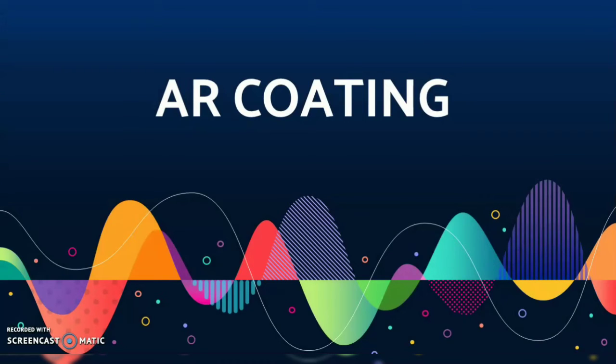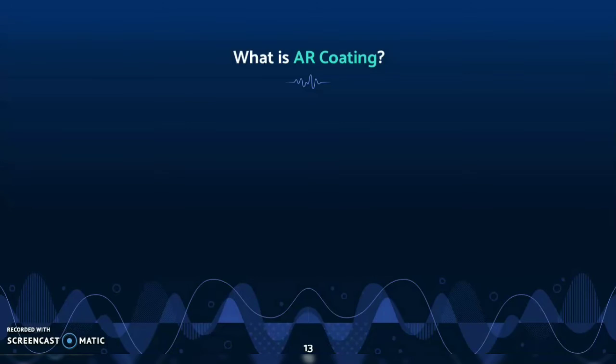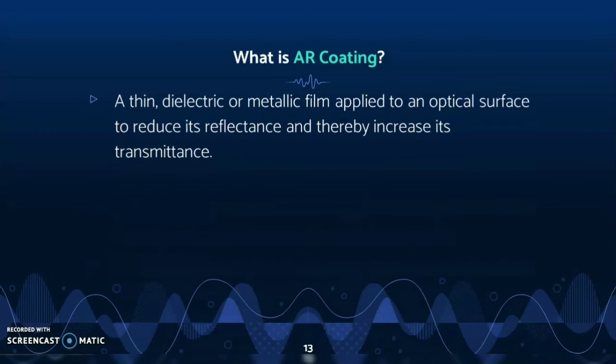Next is the AR coating, or the anti-reflection coating. What is anti-reflection coating? It is a thin dielectric or metallic film applied to an optical surface to reduce its reflectance and thereby increase its transmittance.